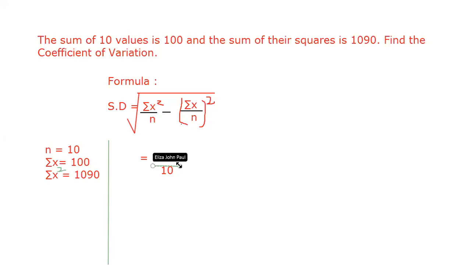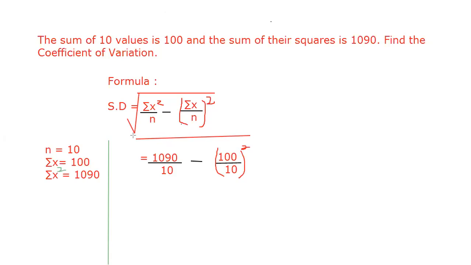Minus sigma x. What is our sigma x? That is 100 divided by 10, bracket to the whole square, and we are not supposed to forget the square root.